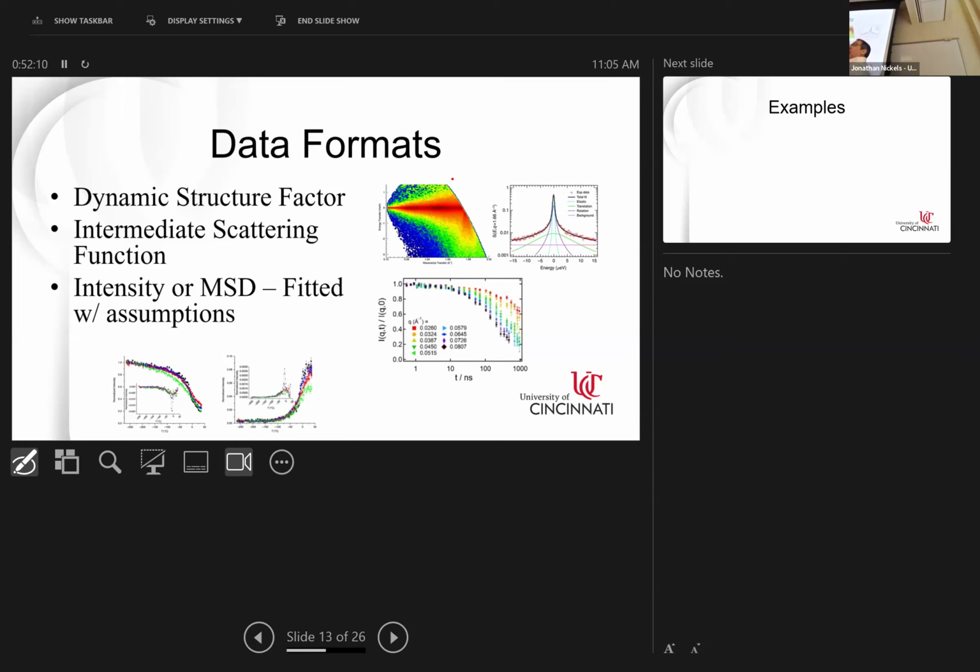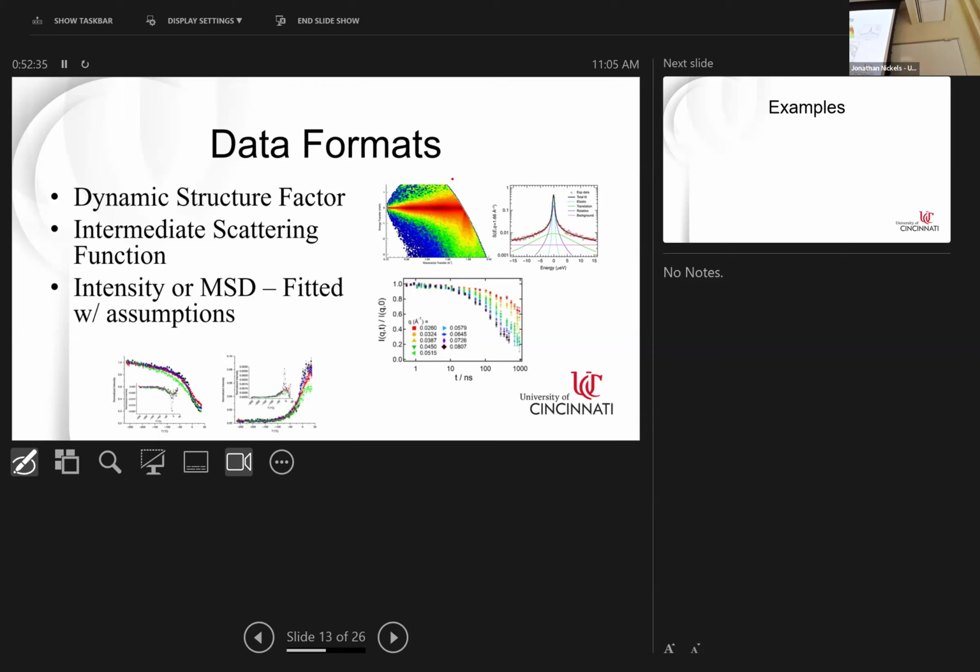This would be at a time of flight instrument, and the central line there, you can see at 0 energy transfer is the highest intensity, and then it decays away towards higher energy transfers. So you do that energy transfer decay, and the shape of that decay tells you about which motions are changing, etc.